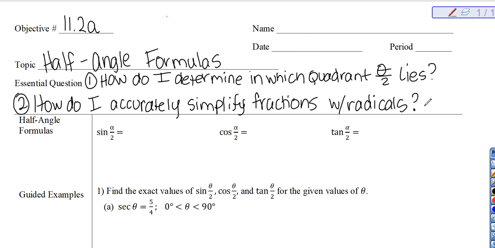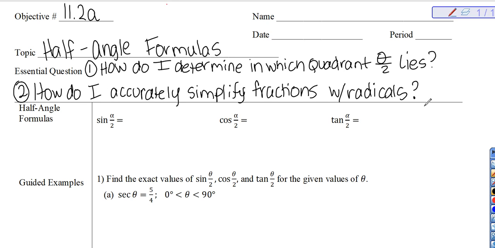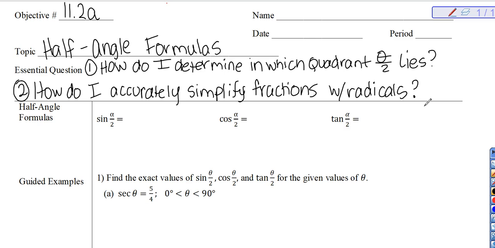And this is not something that we do very often. And the calculator will not simplify. The calculator will approximate, because these problems that we're going to be working on today are not simple to simplify.